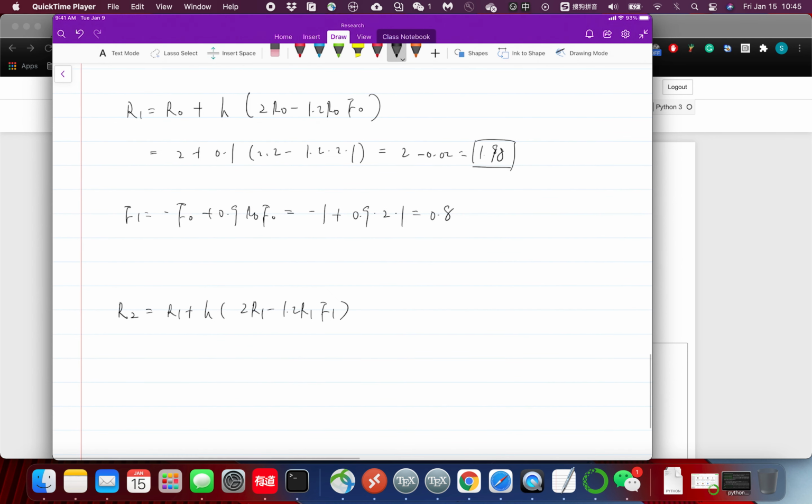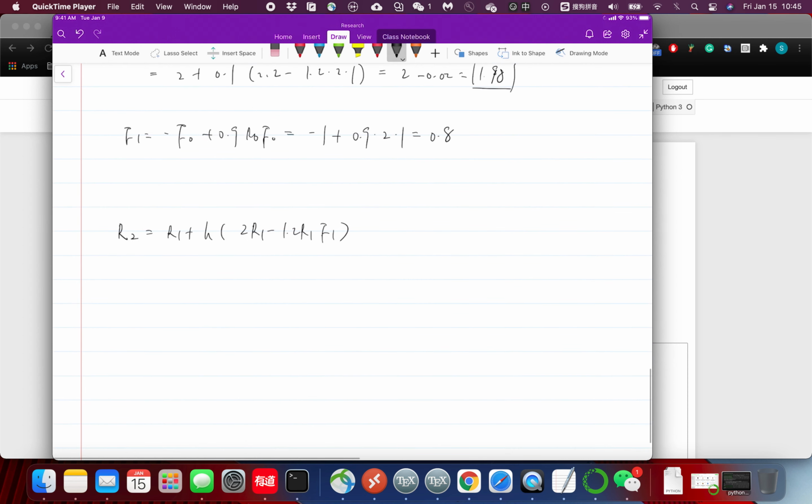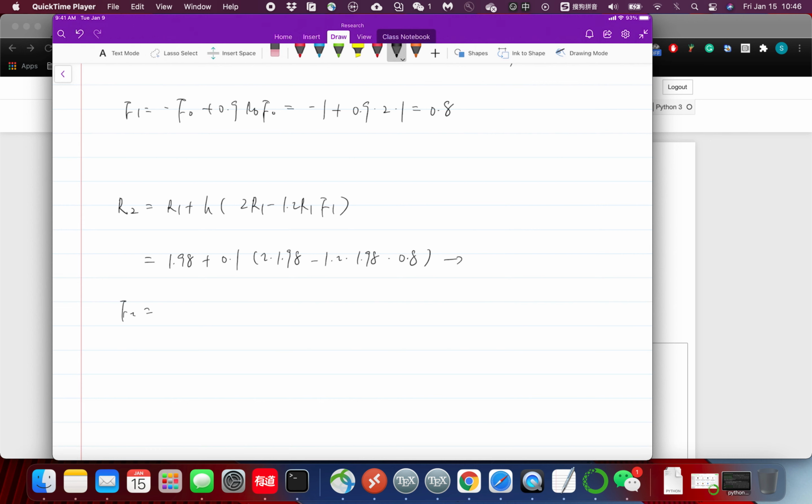So at first you can see both of them actually go down, from 2 to 1.98 and from 1 to 0.8. But once you have that, you can plug in 0.8 here, you can plug in 1.98 here, and use a calculator, you can just keep proceeding. Once you have that, you can have F2, using the same analogy, and then after that you can do R3, F3, and forever.